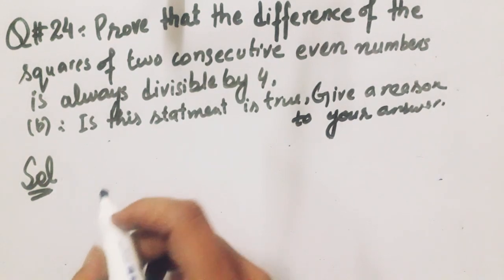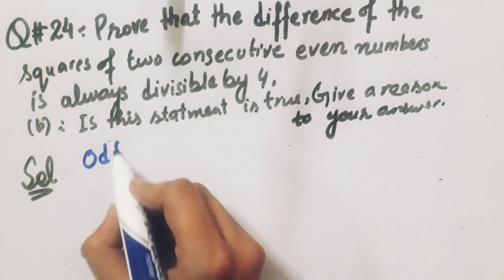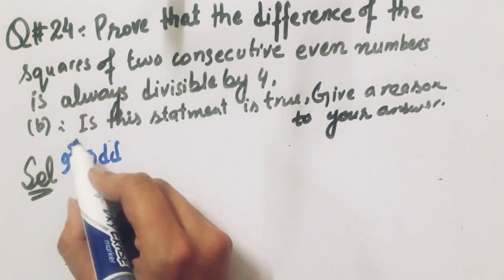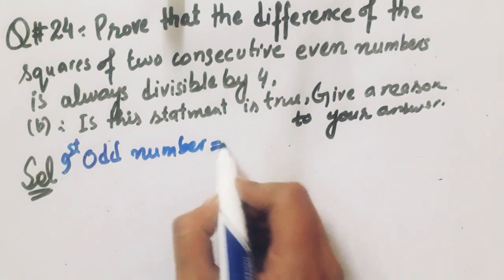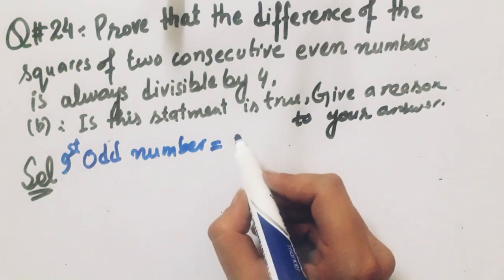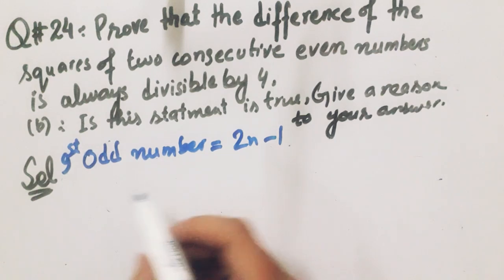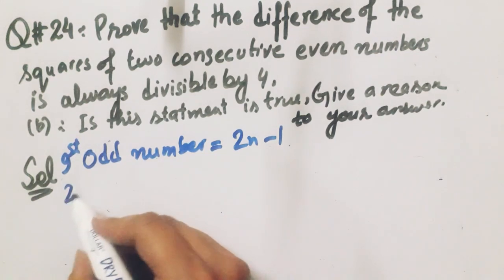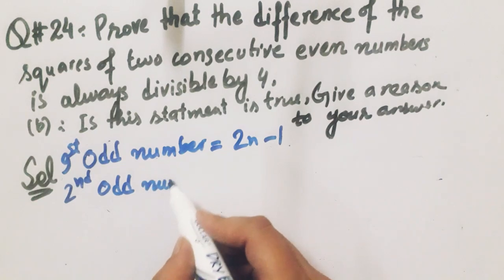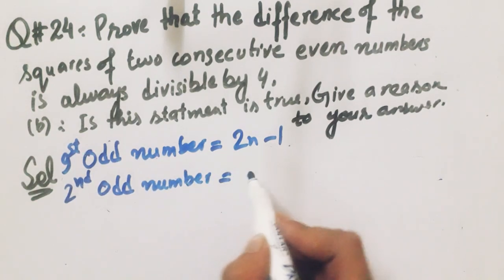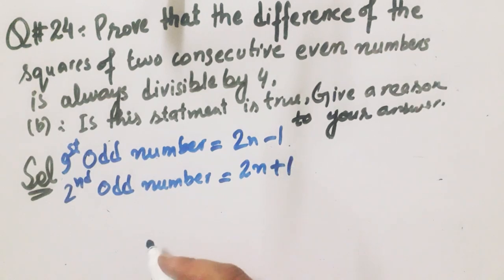Now consider the first odd number. The first odd number will be equal to 2n minus 1. And the next odd number will be equal to 2n plus 1.